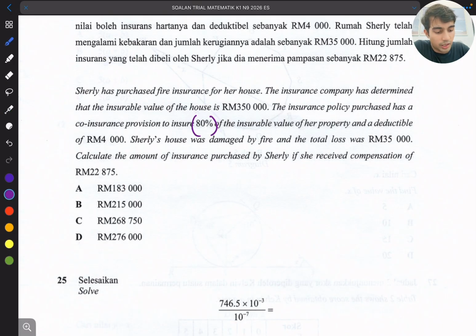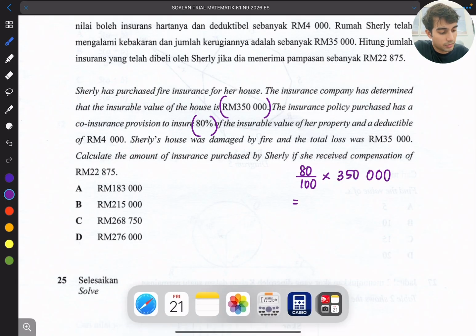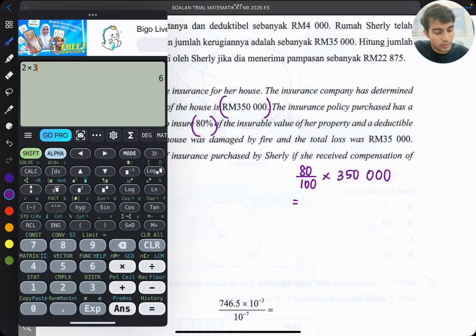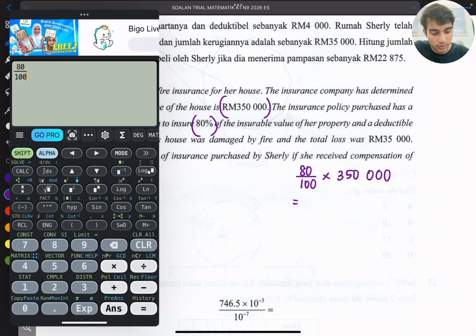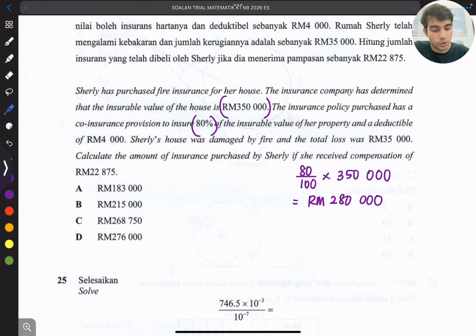So first what we can do is we can find how much of co-insurance is required. So 80% of 350,000. We get 280,000. This is the required insurance.